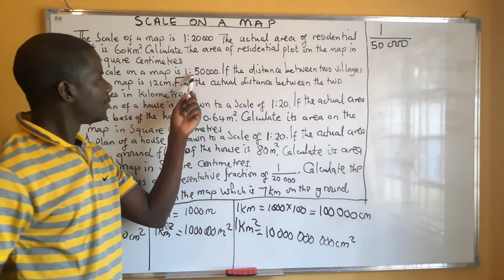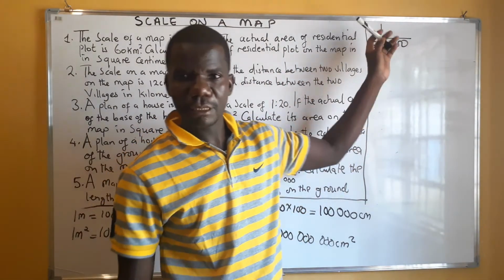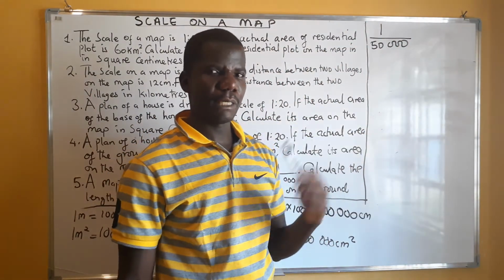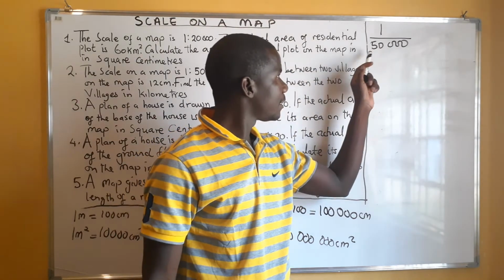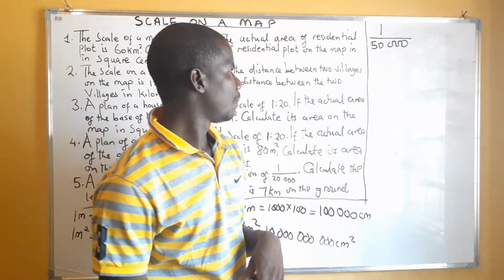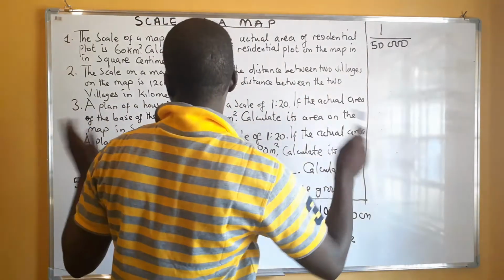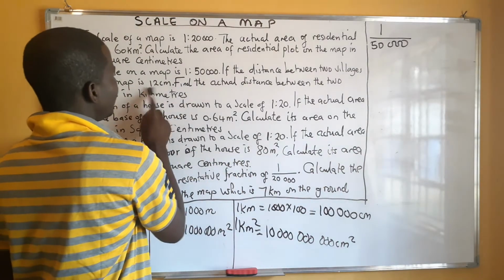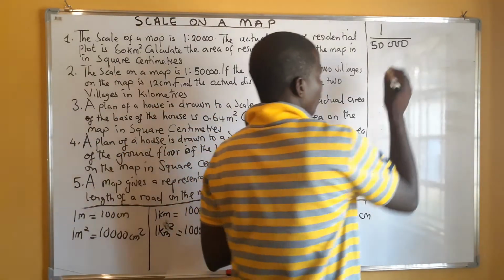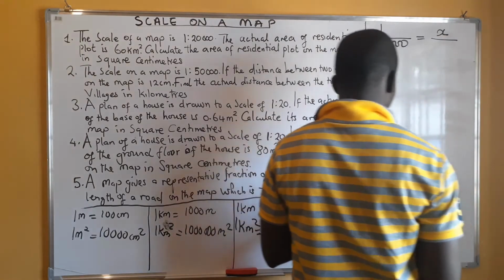So the scale is given by this, indicating that 1 centimeter on the map represents 50,000 centimeters on the ground. If the distance between the two villages on the map is... what is it that we've been given now? We've been given the opposite. The distance on the map has been given.